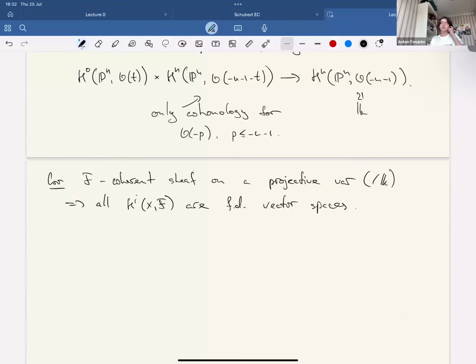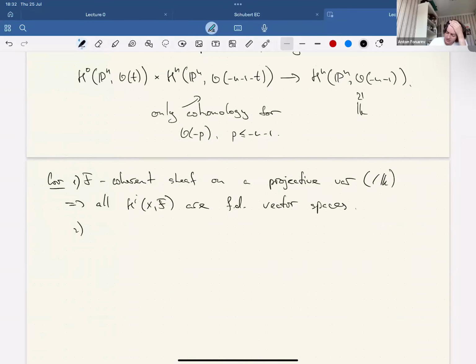And this is absolutely not true for affine varieties, because on affine varieties, you don't have higher cohomology, but the structure sheaf already is not finite dimensional. It's finite dimensional over the base field only if you have a fat point or a finite collection of points. And this is done by reducing to computations on the projective space.